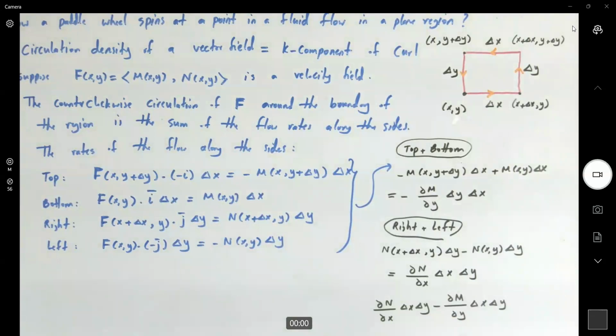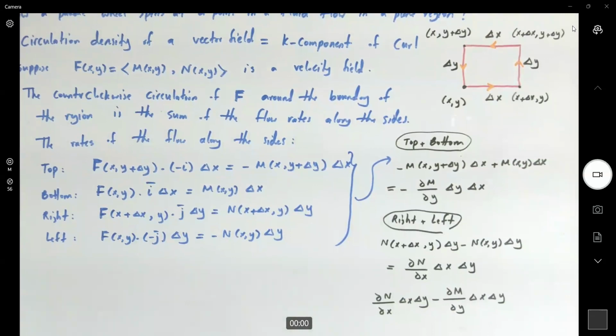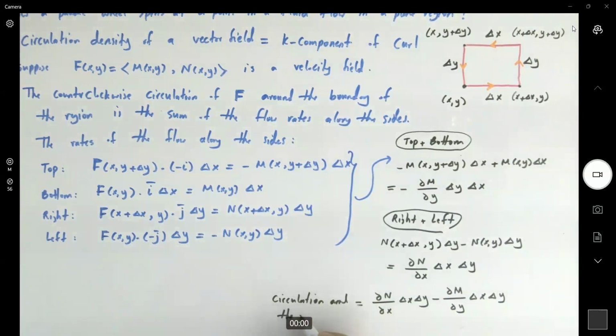This is nothing but the circulation around the rectangle. So obviously, if we divide the circulation around the rectangle by delta x delta y, we're going to get our k component of the curl, or circulation density.